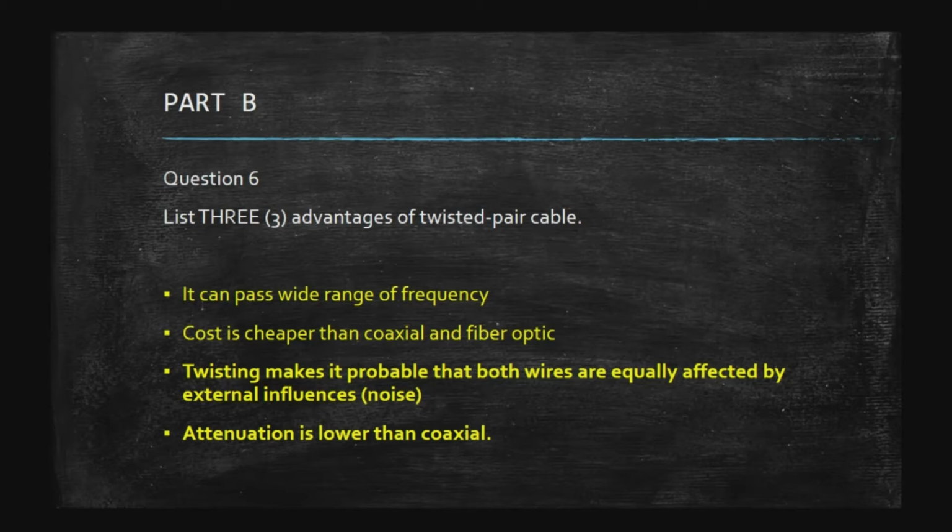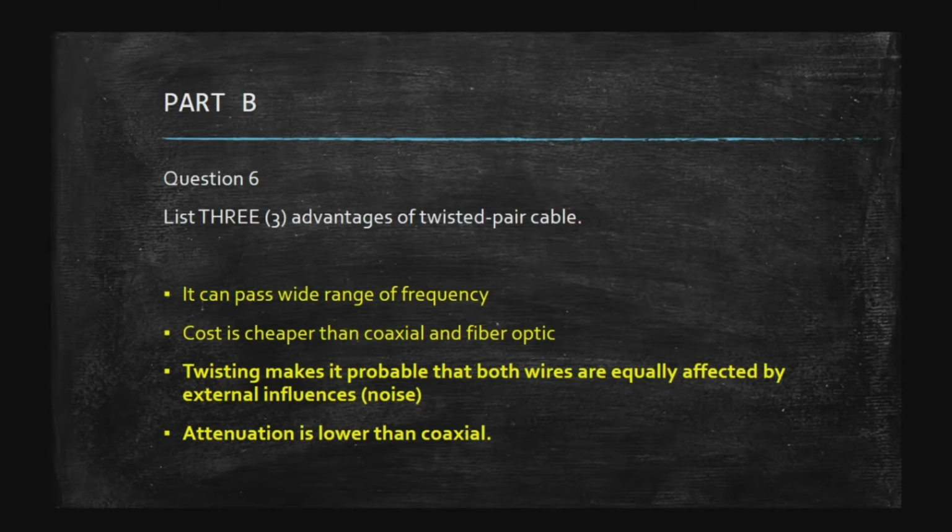So based on this question, it just asks for the advantages. What are the benefits of the twisted pair cable? Okay, the UTP cable. What is the benefit of using that kind of cable? So you should list out 3. First, it can pass a wide range of frequency. Cost is quite cheaper compared to the coaxial cable and the fiber optic cable.